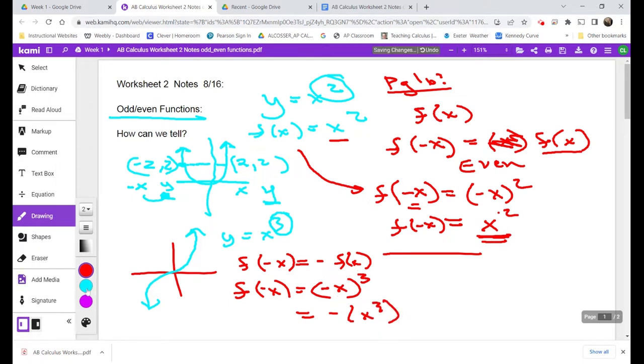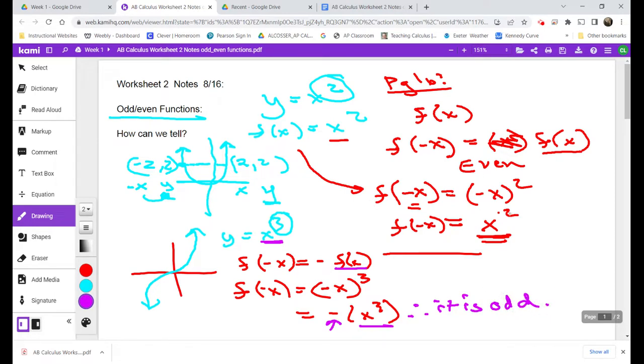Look at my function right here: it matches the function I started with, but its entire value is negative. So therefore, it is odd. It is odd. I am having trouble this morning, guys.